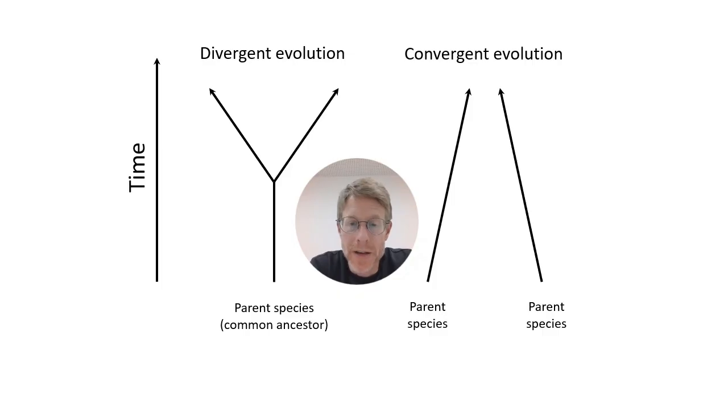So because of convergent evolution, we can get similarities that aren't similarities because they were inherited from a common ancestor. They're similarities because they evolved to similar environments. So we have to be careful about those things.